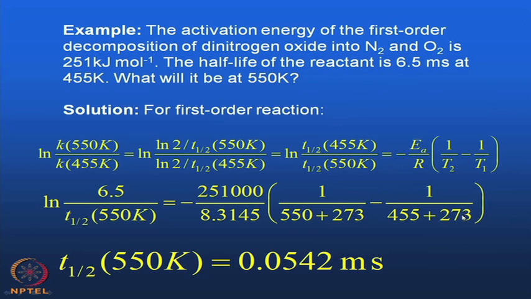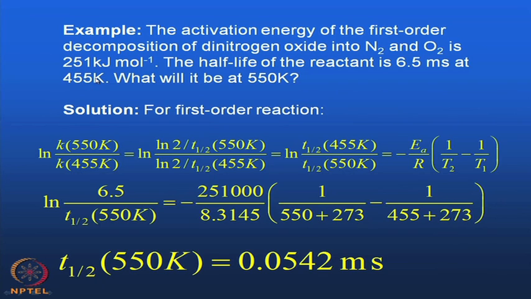So, there is a typo: it should be 455 degree centigrade. If it is centigrade, then you should add 273. If it is Kelvin, you can make the simple correction that if you make it 455 Kelvin, then you do not need to add this 273.